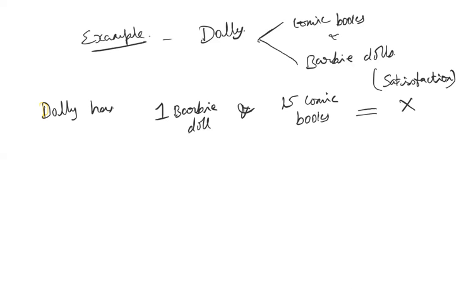Now this is according to the circumstances, the money income, and the availability of goods and services. So this is one combination, one Barbie doll and 15 comic books. Suppose the situation changes, if the money income increases, or the availability of the commodities increases, there are so many other factors, isn't it?